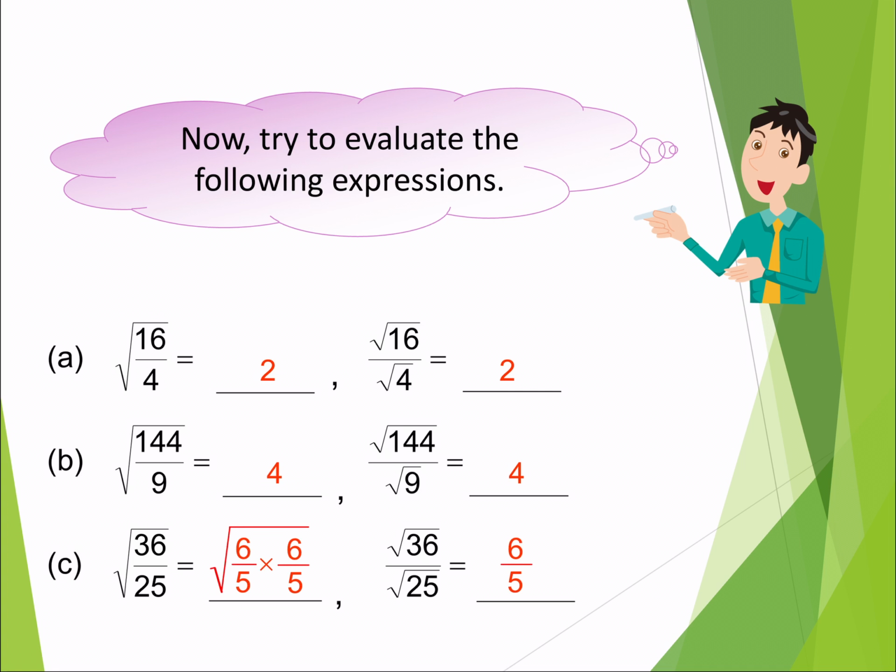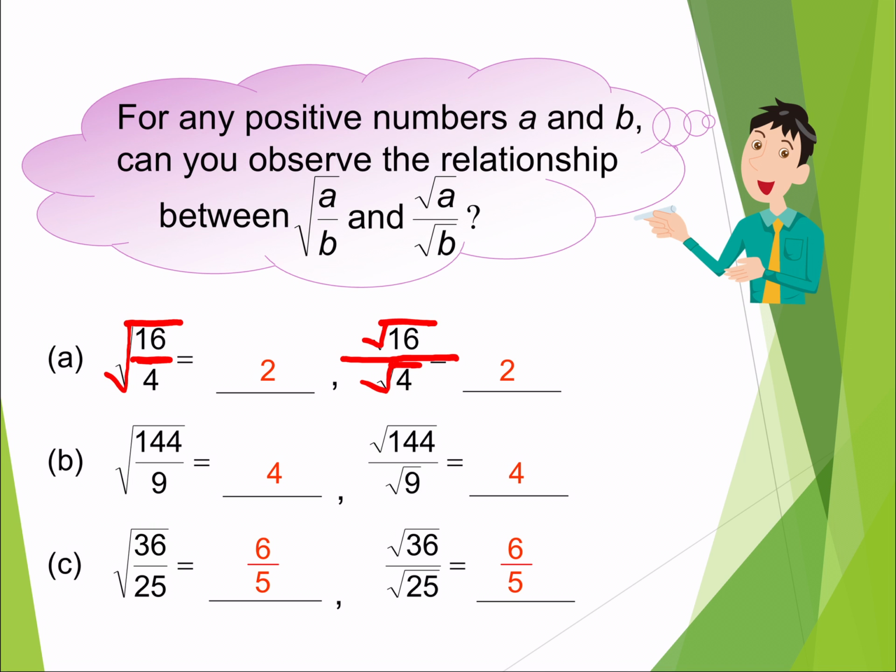Okay, and so for part C, you can observe that for division, the square root can be distributed to both 16 and 4 and then divided by each other. So we can say that square root of a divided by b equals square root a divided by square root b. Okay?